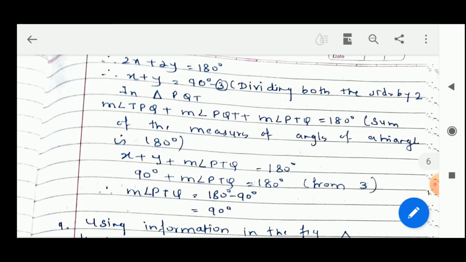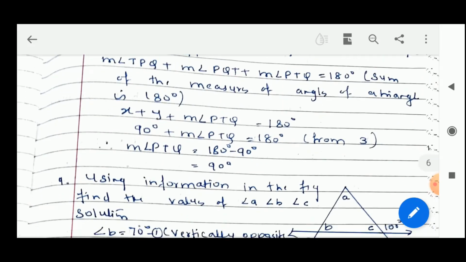Sum of the measures of angles of a triangle is 180 degree. So x plus y plus PTQ is 180. 90 plus measure of angle PTQ is 180. So measure of angle PTQ is equal to 180 minus 90, that is 90 degree.